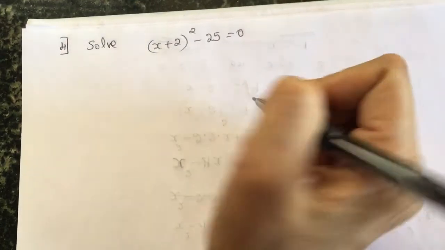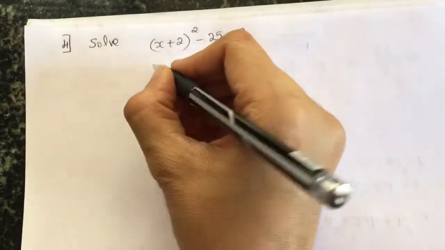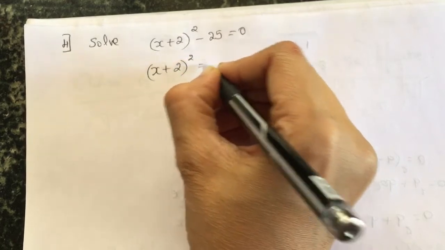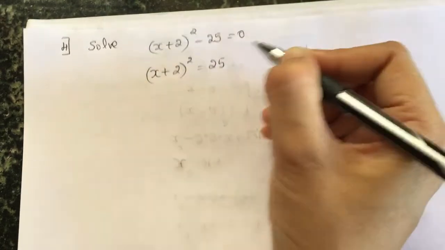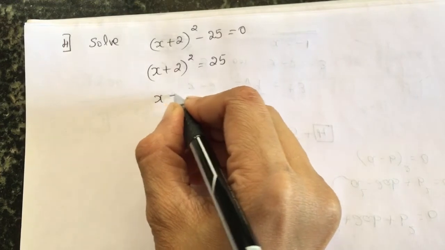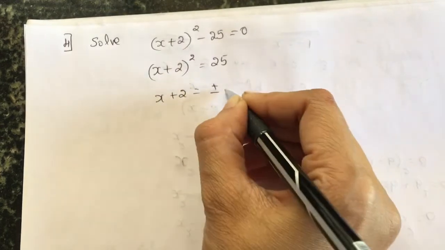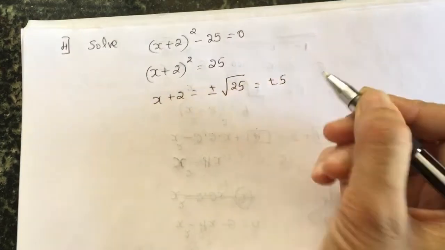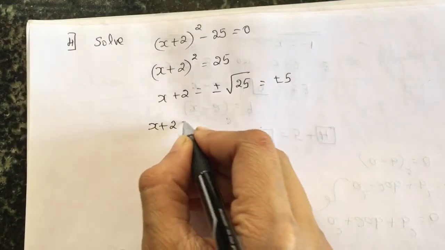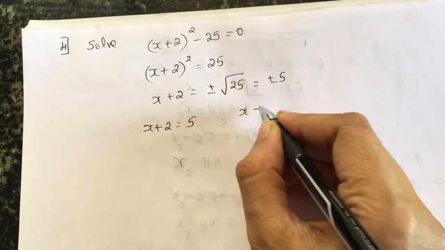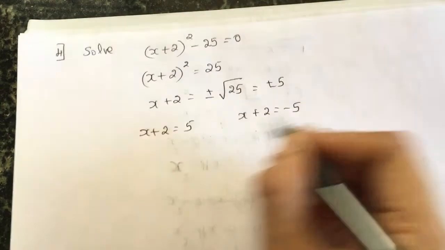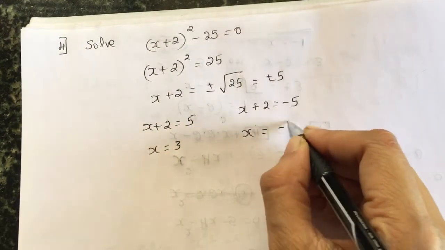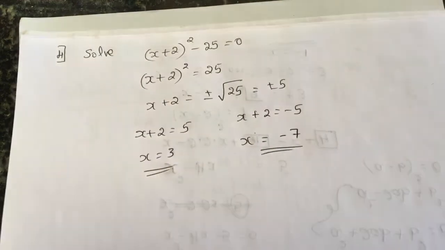In fact, this is same as writing x plus 2 equal to plus or minus root 25, which is nothing but 5. Once you take it to plus 5, next time you take it to minus 5. So x equal to 3 or x equal to minus 7. These two are the roots.